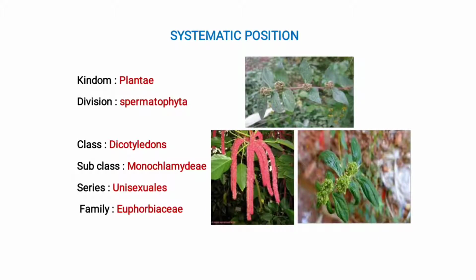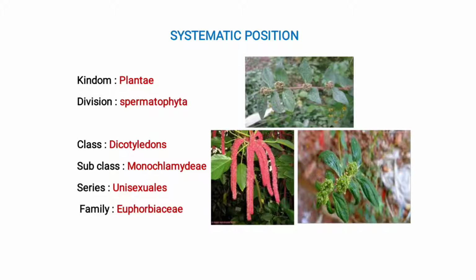Either the calyx or corolla, or sometimes both, are absent. When both calyx and corolla are absent, it is known as the perianth. But in some plants, only the calyx, that is sepaloid, is present, or only the petals, the corolla, are present, so it is known as tepaloid. And when both are absent, it is known as the perianth.